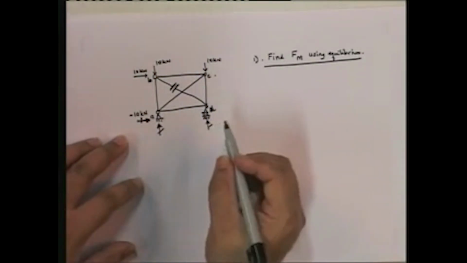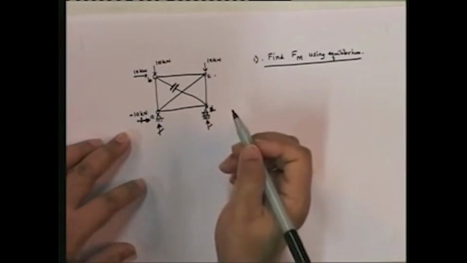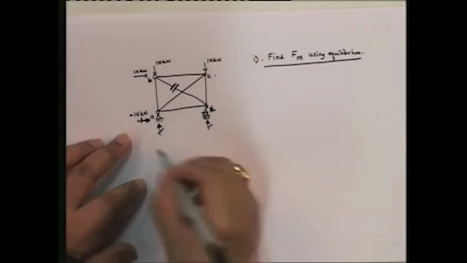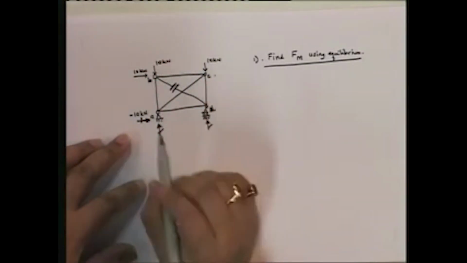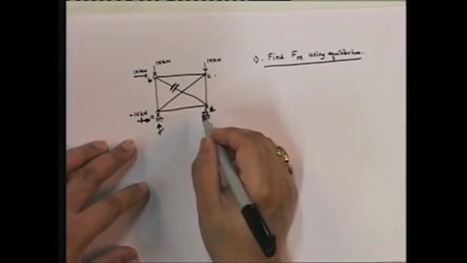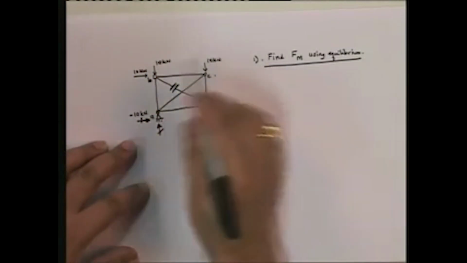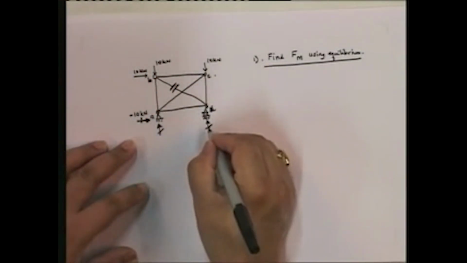Now sigma Fy equal to 0 gives me that this plus this is equal to 20. We know that. However, that still does not help us, so I'm going to take moments about point A of all the forces, and from that I can find this value.